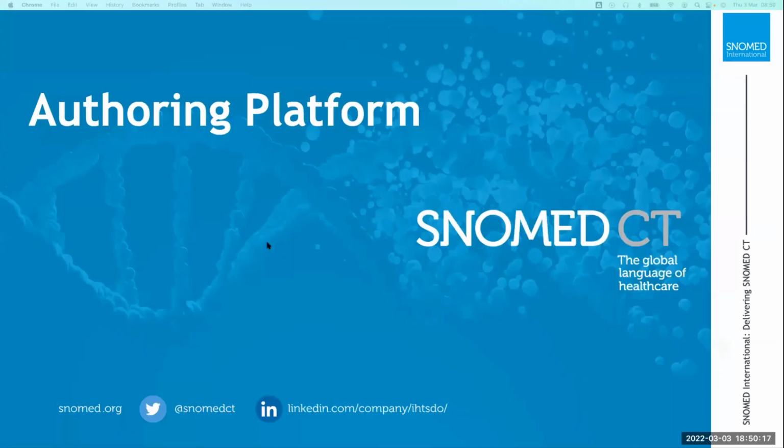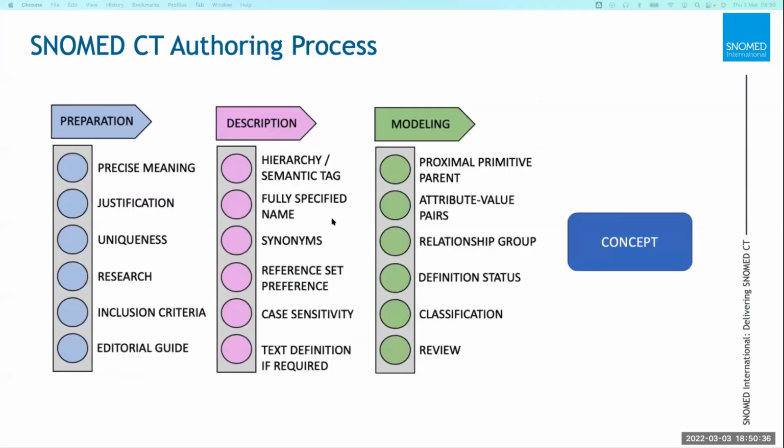And then finally, just to give you an idea of the authoring platform, SNOMED International and a number of managed services use our tool, but those that create an extension would have to have a similar tool. In there, just to give you an idea of the authoring process, there are three fundamental thoughts you have when creating a concept. First, you have to do your preparation, so research and fully understand what the meaning of the concept is.